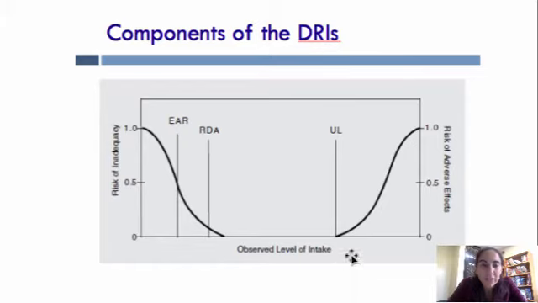So as we mentioned, the safe level would be between the RDA and the UL. At a level above the UL, we see the risk of toxicity will gradually increase. And below the RDA, the risk of deficiency gradually increases. So a level between the RDA and the UL would be considered a less risky level of intake, where we would have a low risk of both inadequacy and also a lower risk of adverse events due to toxicity.